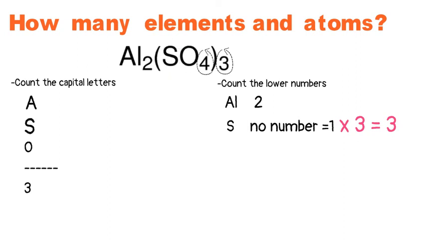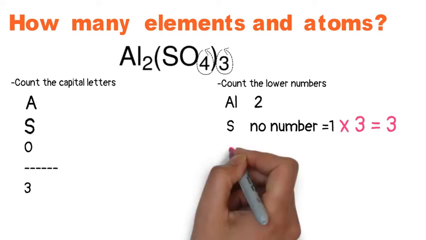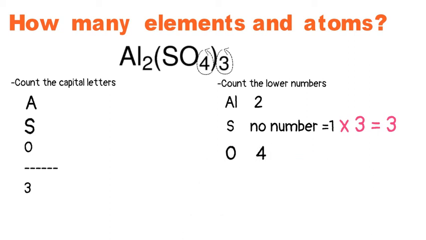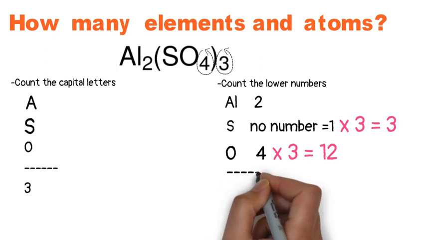The same as we did here, we will do with the oxygen. The oxygen has 4, so we have 4 oxygen atoms, but also here we will multiply this number by 3, because the oxygen is inside the bracket while the 3 is outside the bracket, so 4 multiplied by 3 equals 12.